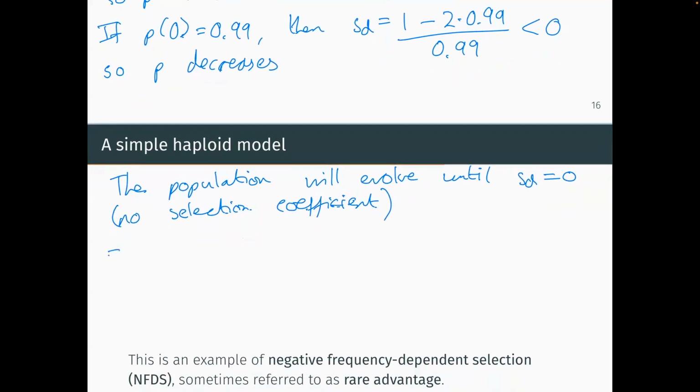So what we need to do here is find the value of P when our selection coefficient is equal to 0. Our selection coefficient is 1 minus 2P over P. We need that to be equal to 0. For this to be equal to 0, we just need P to be equal to 1/2.